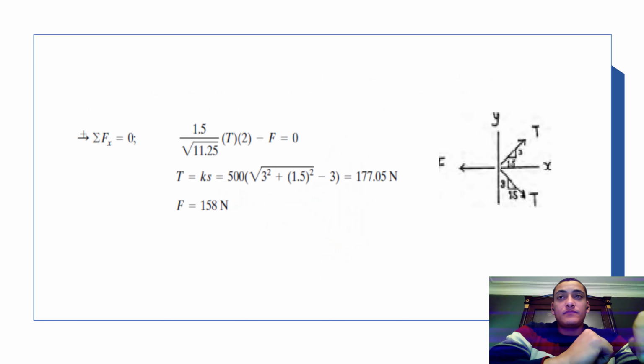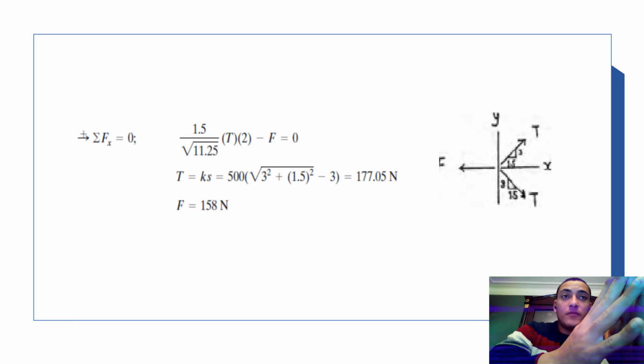So as you can see, the free body diagram is drawn. We want to get sigma Fx equals 0, so let's take all the forces on the x-axis. It's 1.5 divided by the square root of 11.25, multiplied by T, the tension, which we don't know, multiplied by 2, because there are two springs, minus F equals 0.